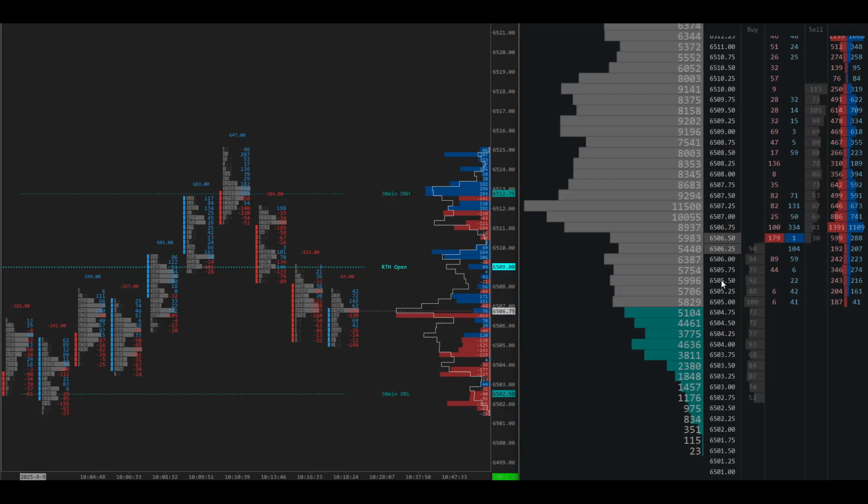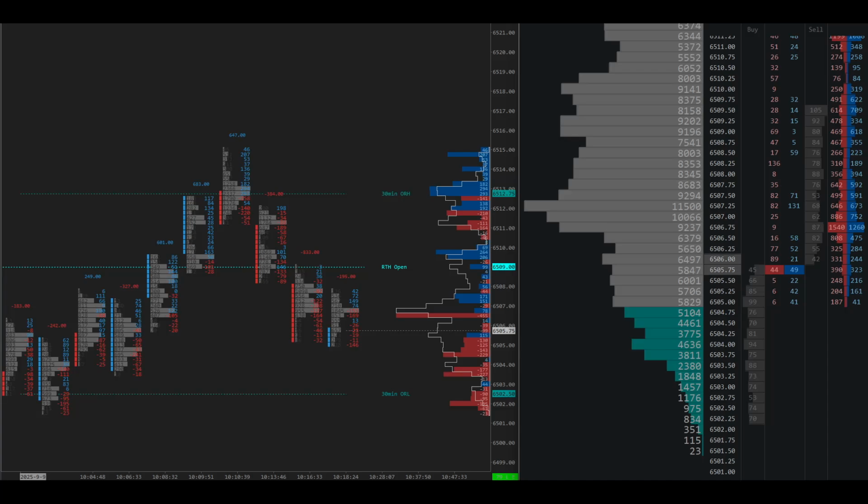Slightly tricky, perhaps because value has been building higher from session to session lately. It's been shifting higher ever since that flush, I think it was Thursday, maybe.